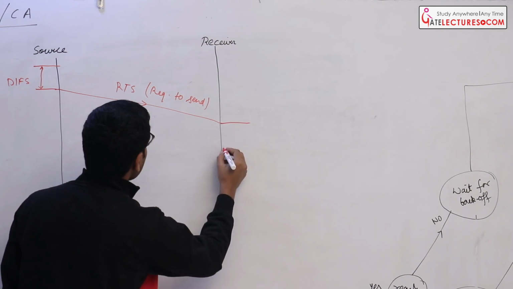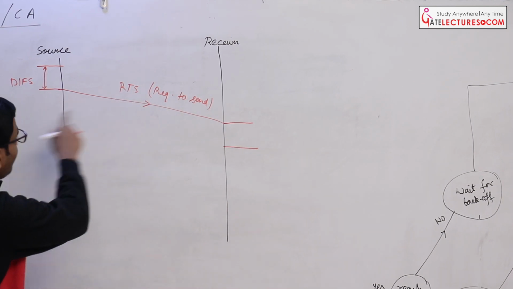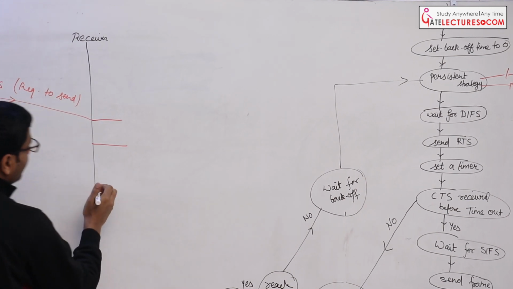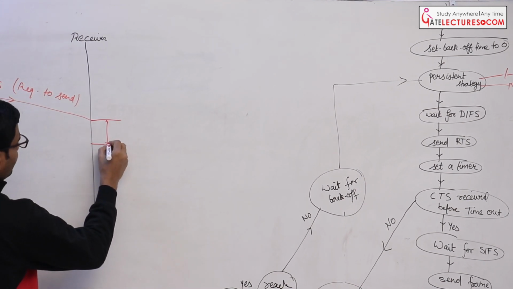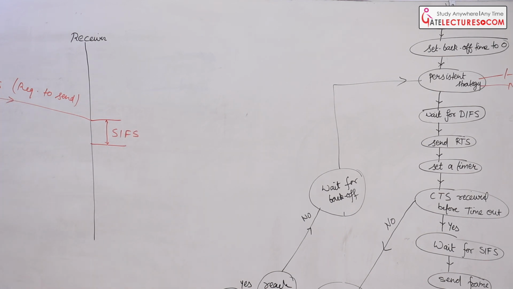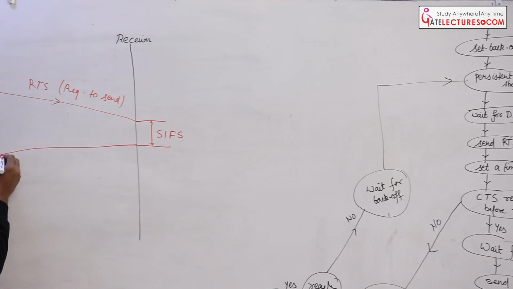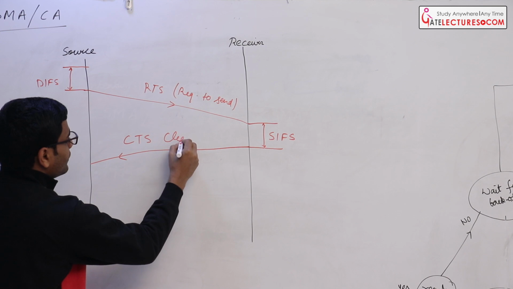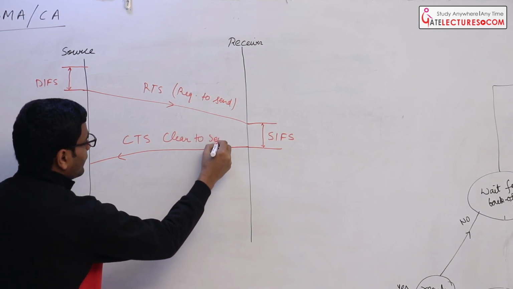After receiving the RTS signal from the sender, the receiver will wait for SIFS amount of time, which we call short interframe space, and then it will reply with a CTS signal, clear to send.